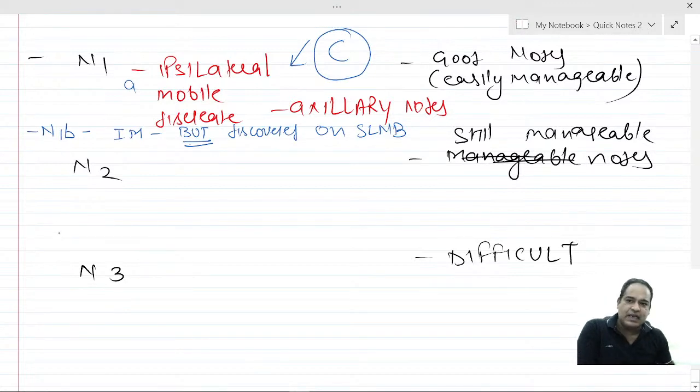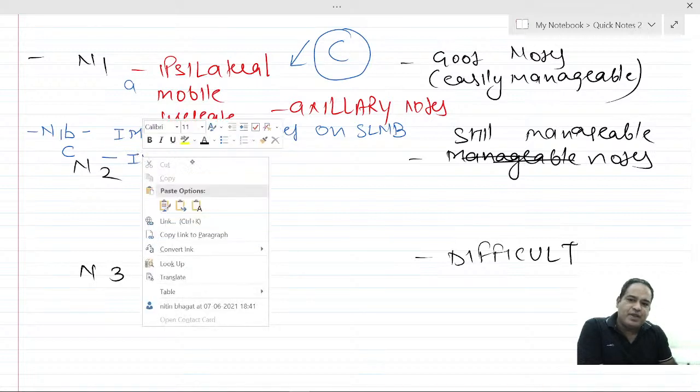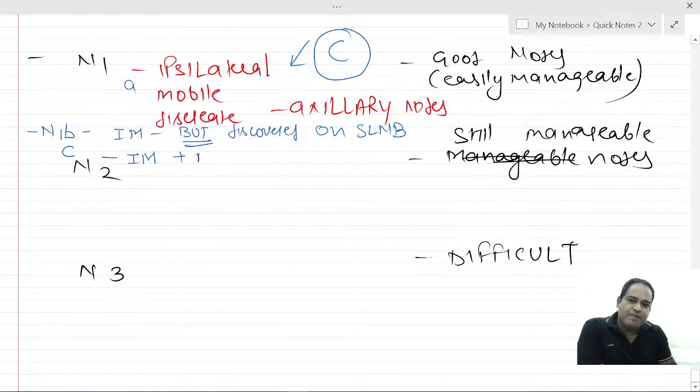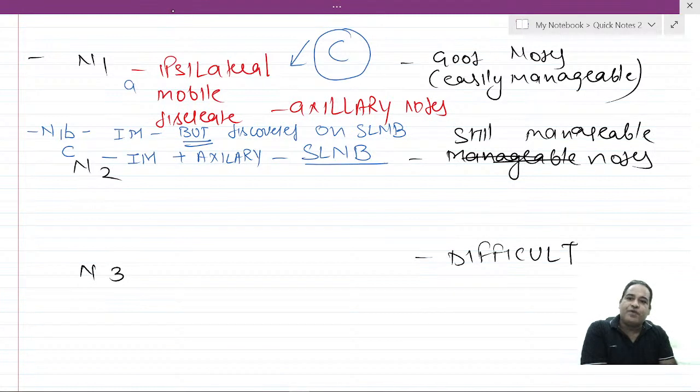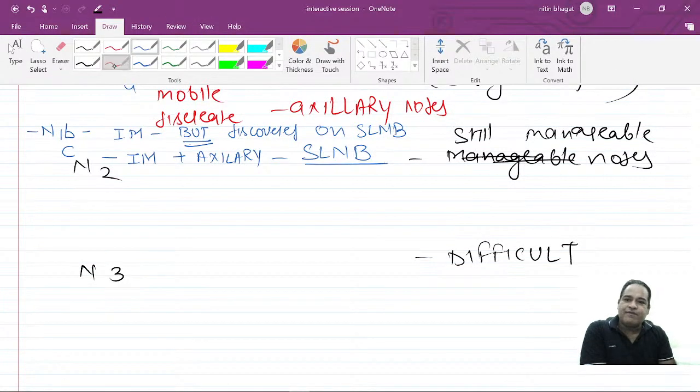Here, they are not discovered clinically. N1C, internal mammary plus axillary. They are both discovered on sentinel lymph node biopsy. That means clinically they are not apparent, but they are discovered on sentinel lymph node biopsy.